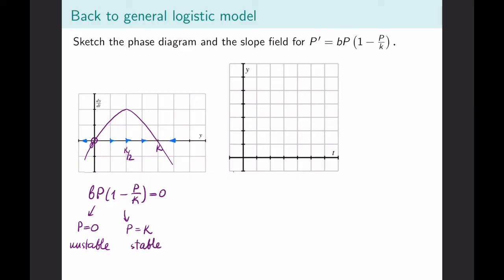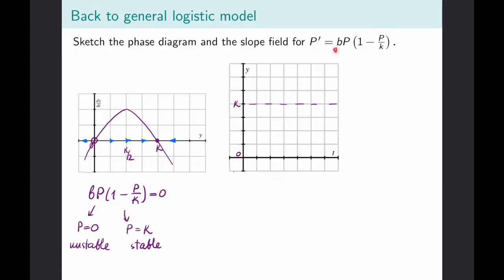In terms of producing a slope field for the logistic model, I can already use the information from the phase diagram to realize that what I'm going to have are the two stability cases here, where 0 is in fact unstable and k is stable.